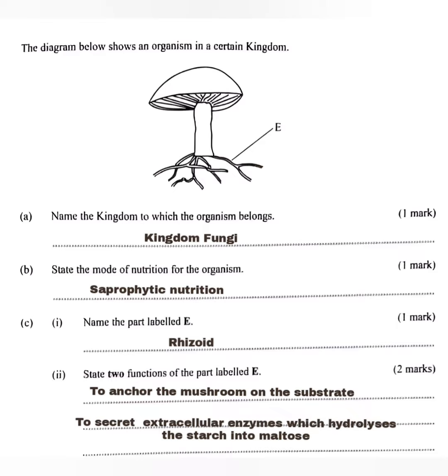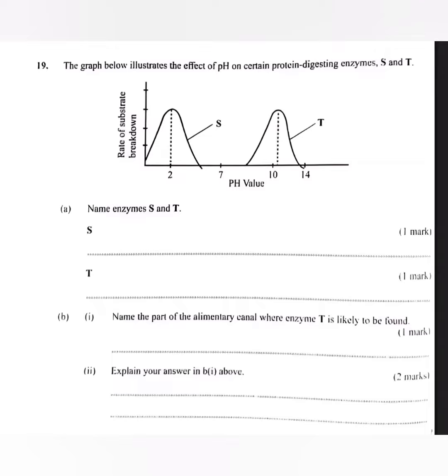Then the next one is coming from enzymes. The question is saying, the graph below illustrates the effect of pH on certain protein digesting enzymes, S and T. We have the rate of substrate breakdown and also the pH value. Usually the pH ranges from 0 up to 14.